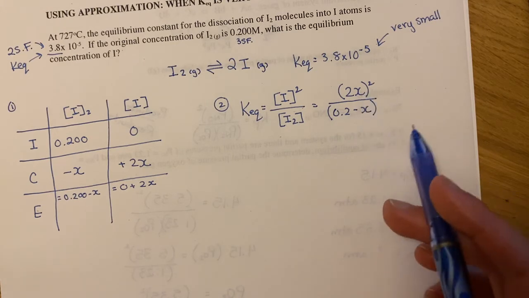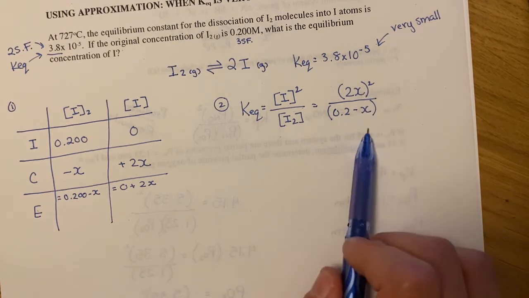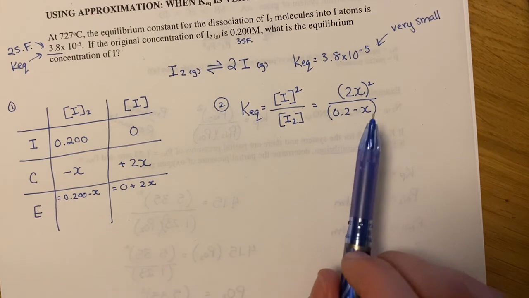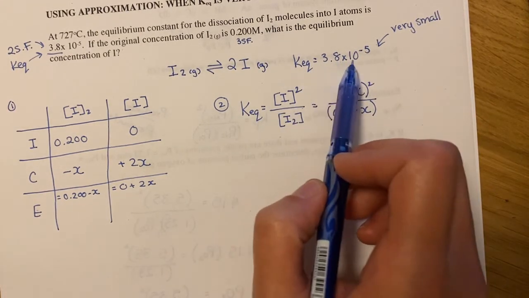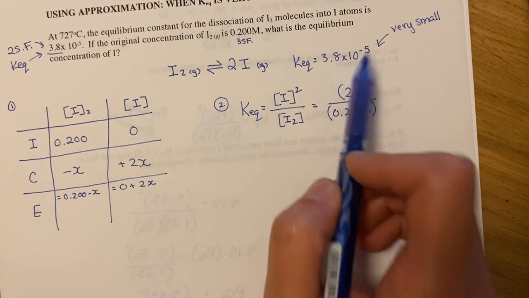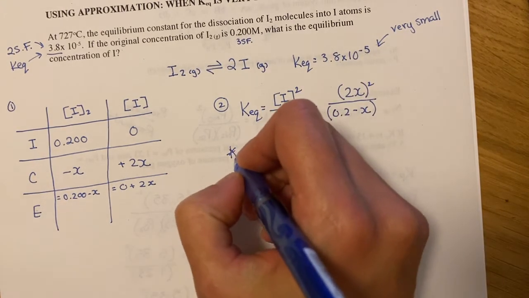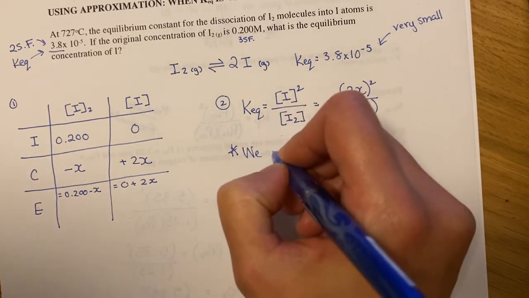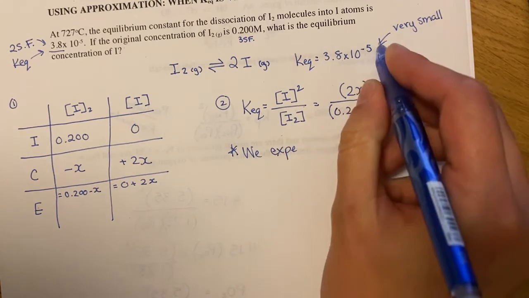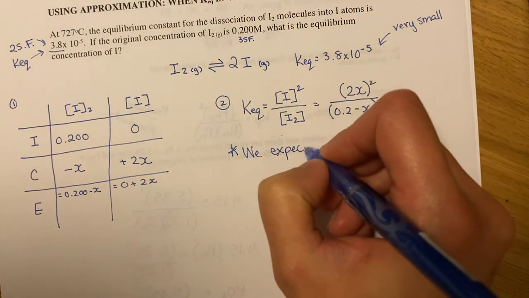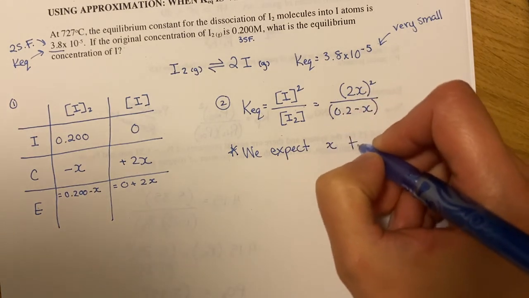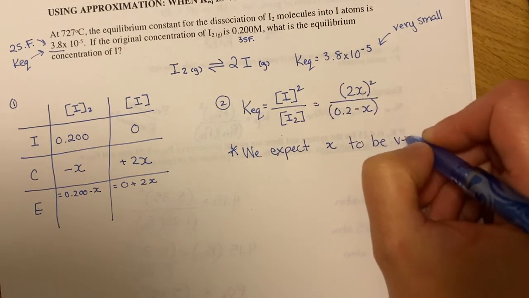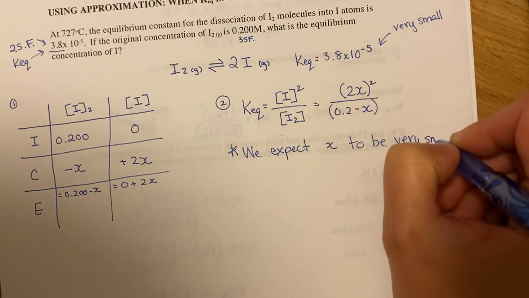But we can figure it out, and this is how. If we look back at this KEQ, this is very, very small, which means, so we expect, based on that, x is going to be very small.